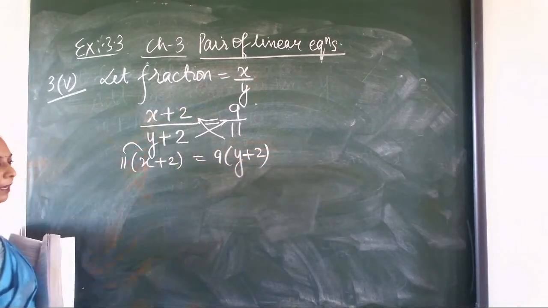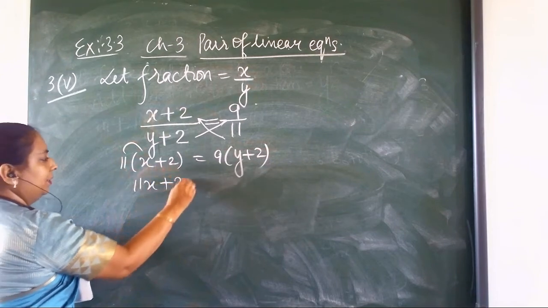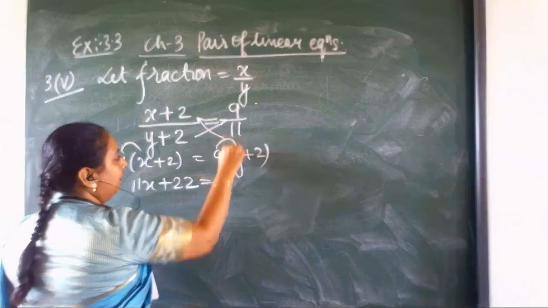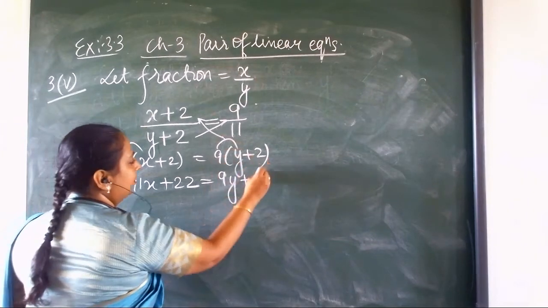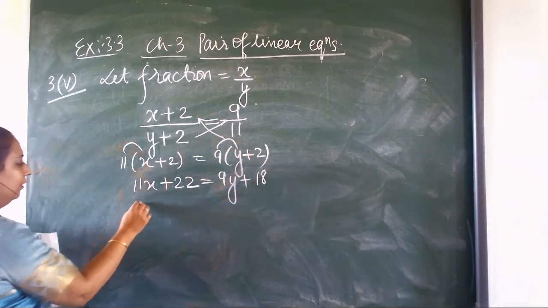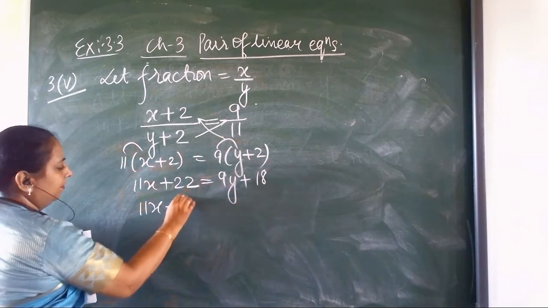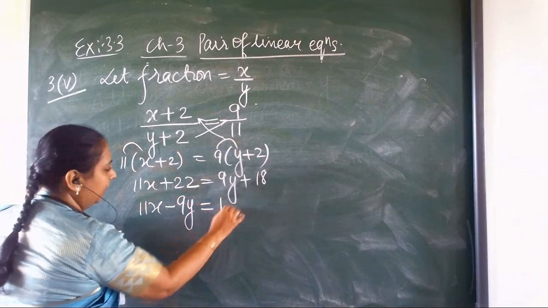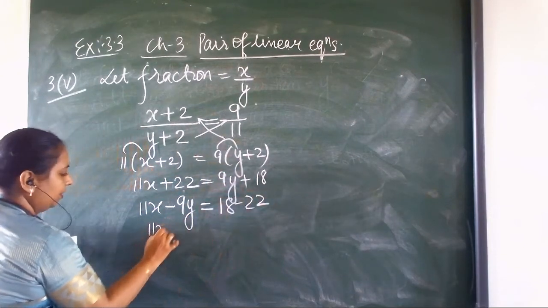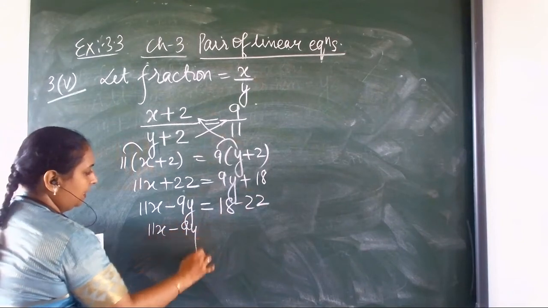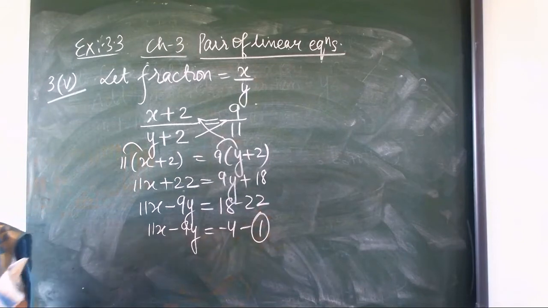On opening the bracket, 11 into x is 11x plus 11 2s are 22. 9 is multiplied by y: 9y plus 9 2s are 18. Bring all x, y on the left hand side: 11x minus 9y is equal to 18. This 22 goes there, minus 22. The equation is 11x minus 9y is equal to minus 4. This is the first equation. Clear?